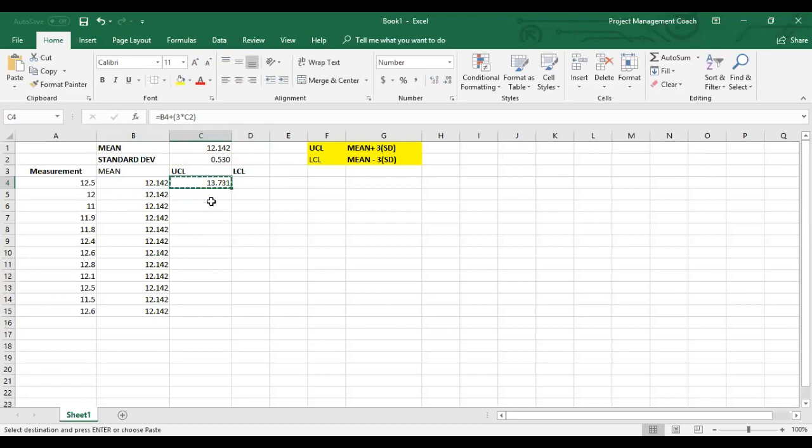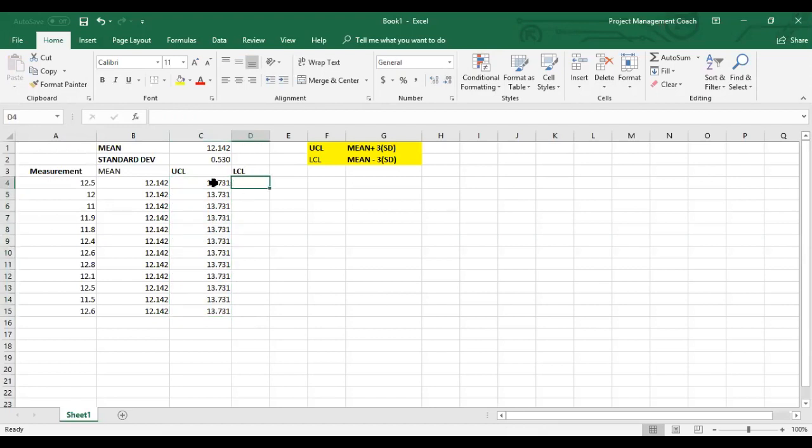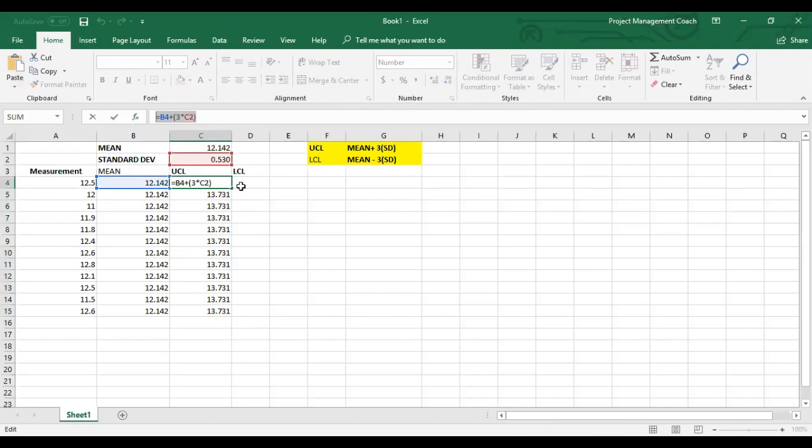So this is pretty much the same thing all throughout. Let's see if it translates. It doesn't, so I'm just going to use values. It's going to be exactly the same number, to give that straight line for the UCL. For the LCL, let's just take the formula, and instead of a plus, we're going to put a minus.